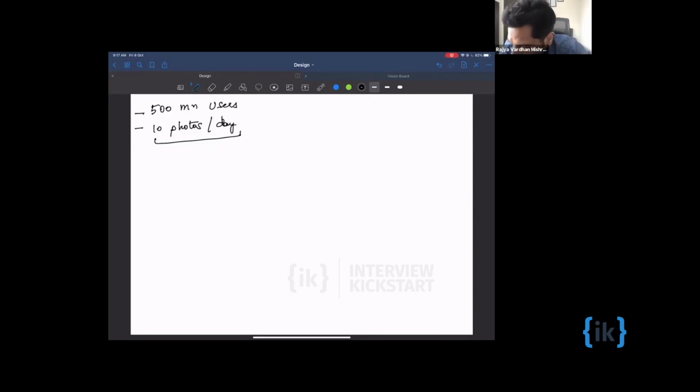So that means we need to have a photos table for this. Right? So that table can have a photo ID. It can have a user ID, which user uploaded it, and then let's say it has some timestamp. I know there could be many other columns as well, but for the purpose of this exercise, let's keep it these three columns only.